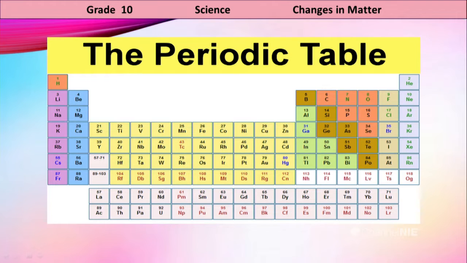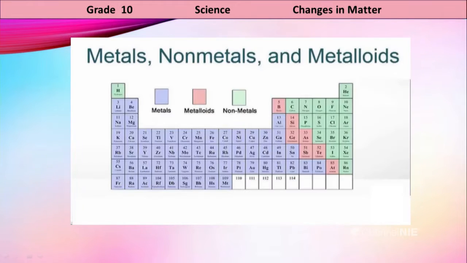By observing the periodic table, we can get much information about an element. Here, look at this one. The same periodic table, but here I have marked the elements as metals, metalloids and non-metals. That means we can classify the elements according to their different properties.